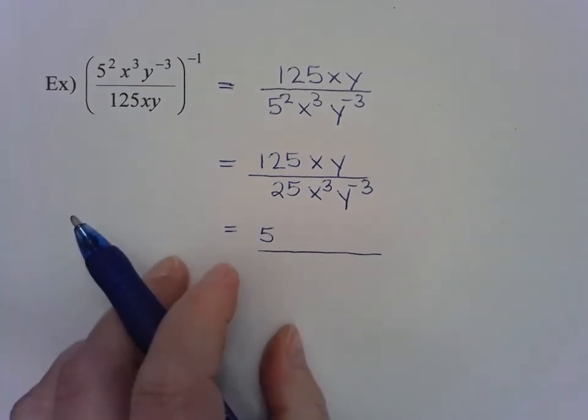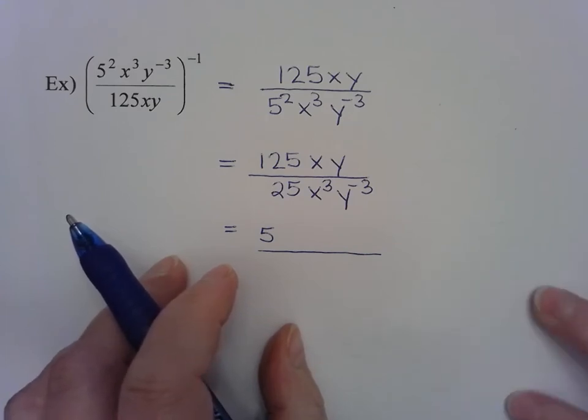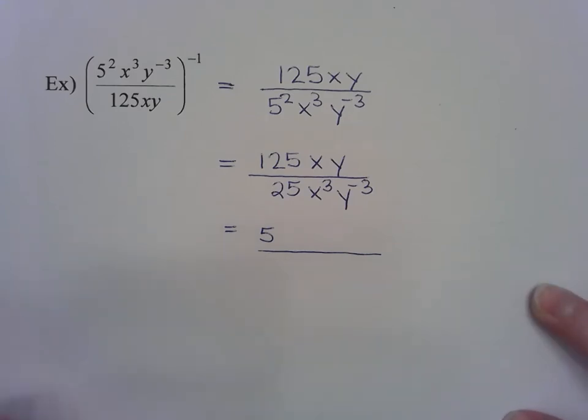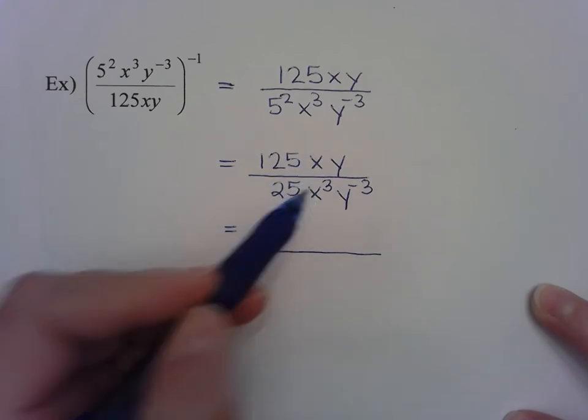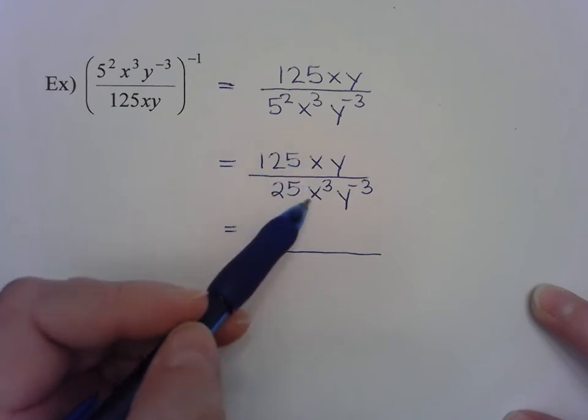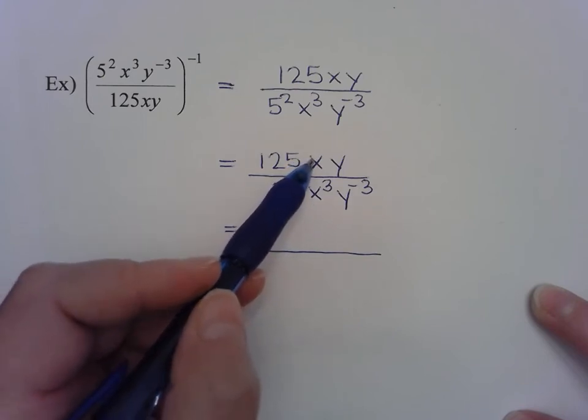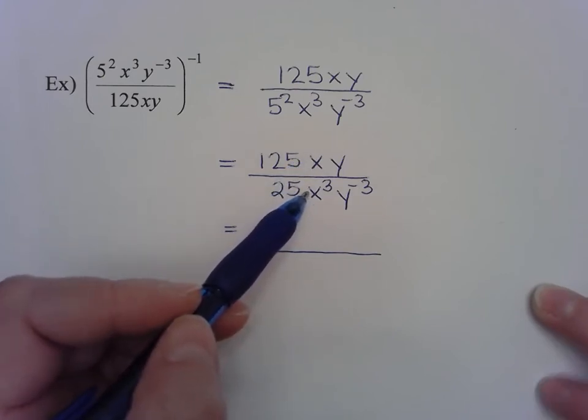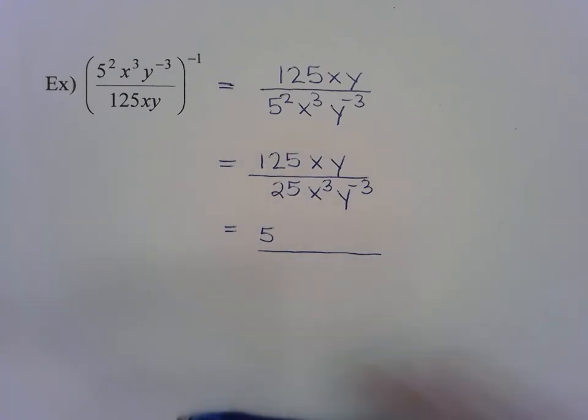Okay, now as far as combining the x's and the y's, you have two options. You can, let's say just for the x's at the moment, subtract the exponents, or you could think about canceling. There's 1 x in the top, 3 x's in the bottom. Let me write this off to the side.